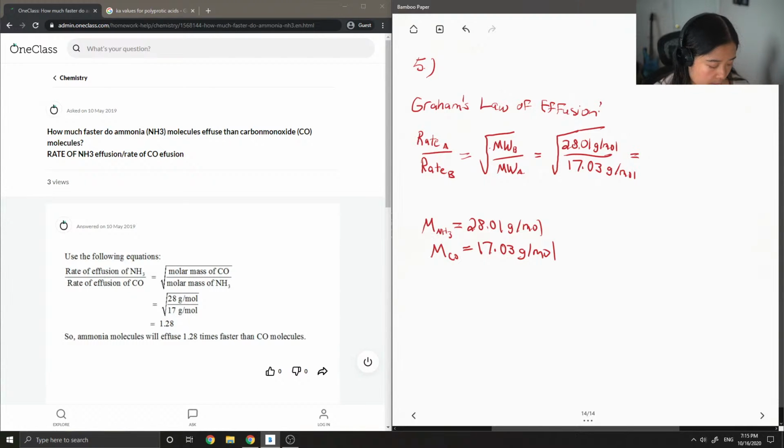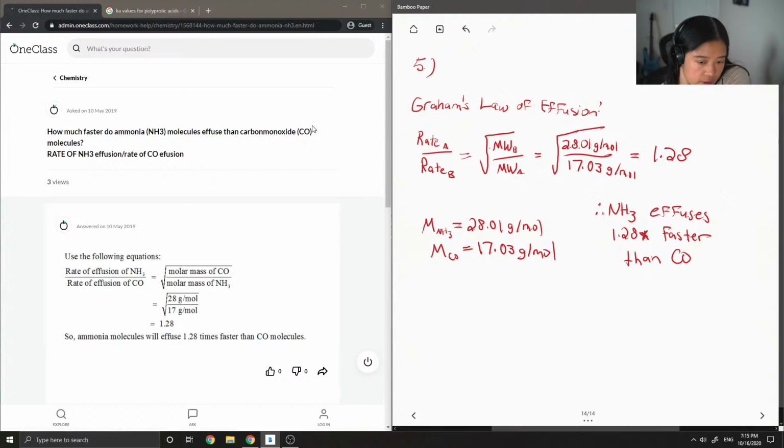And then we end up with a value of around 1.28. So therefore, NH3 effuses 1.28 times faster than carbon monoxide.